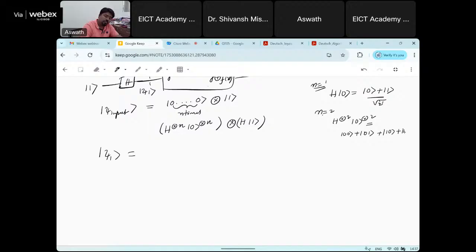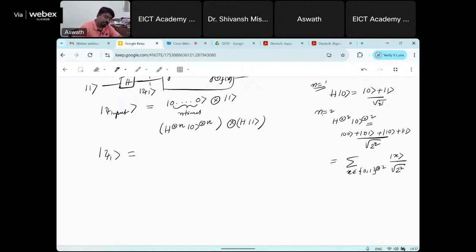Okay, which is 1 divided by square root of 2 to the power of 2. This is a state, which in short you can write as summation over x belongs to {0,1} tensor 2, x divided by square root of 2 to the power of 2.